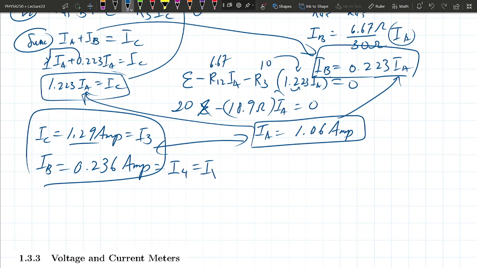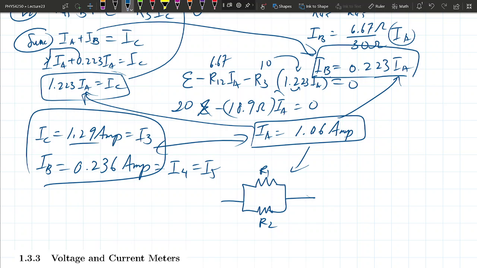I4 and I5. I1 and I2, that's more complicated, because you have different resistance here, R1, R2. The total amount that's going through here is 1.06 amp, but you're going to have to divide that current up somehow.